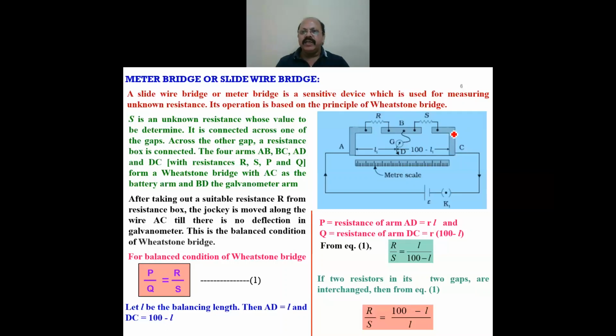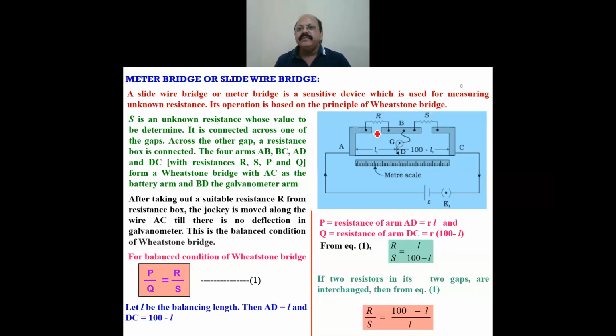If area of cross section is more, then the resistance is very less. So that's why these copper strips are taken as thick, so that the resistance is almost negligible, that is very small.